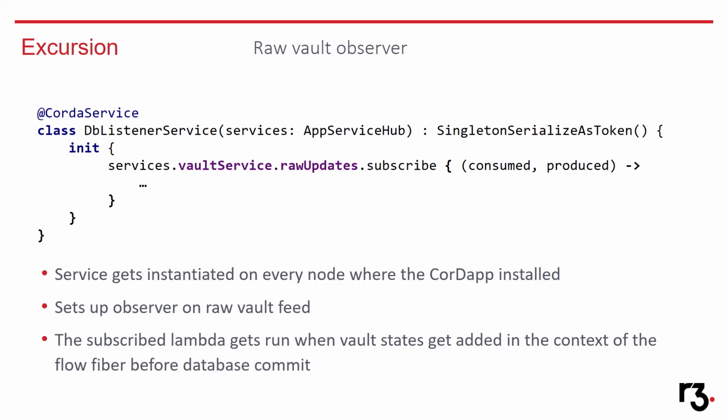In its init method, it can register a listener on the Vault. And in this case, we registered a raw update listener. Raw updates means it listens to updates as they're added to the Vault before the transaction actually gets committed. Basically, everything that we pass as a lambda to this raw listener gets run between adding states to the Vault and actually committing the transaction.